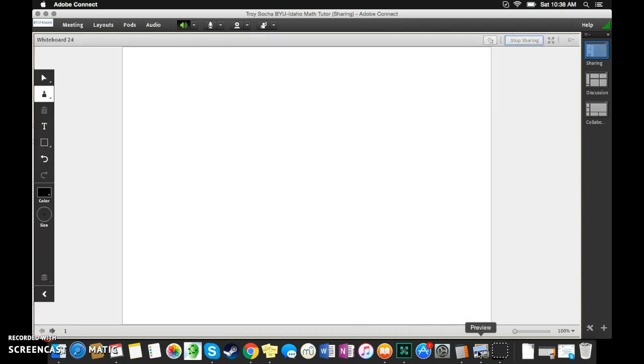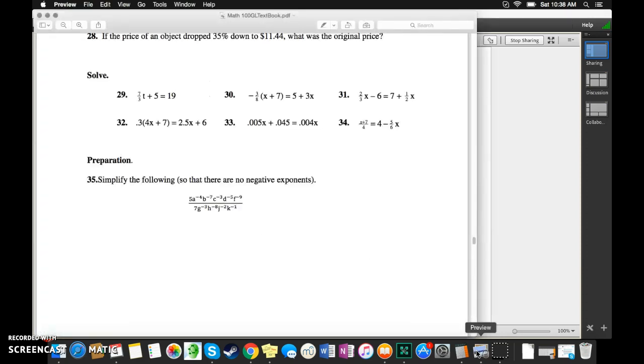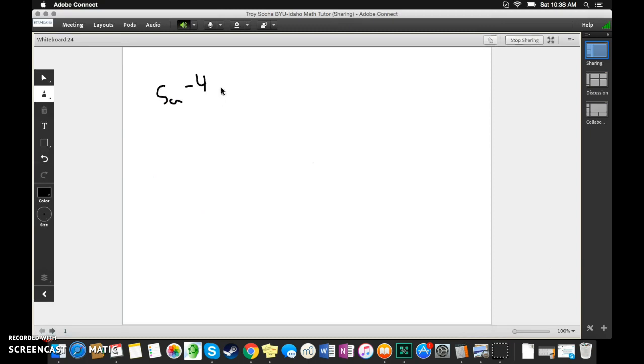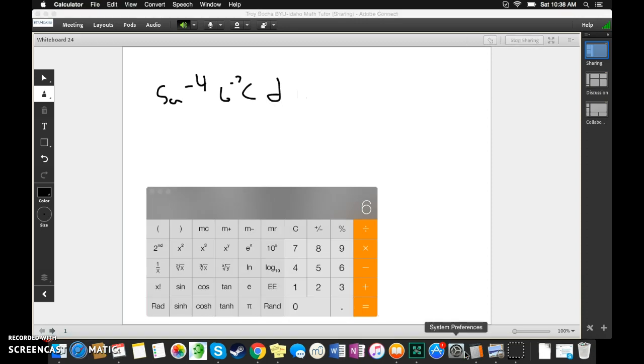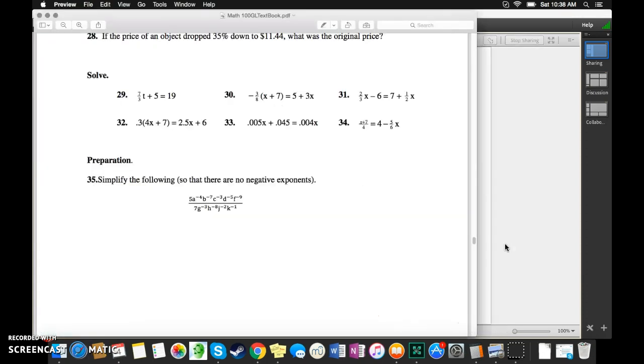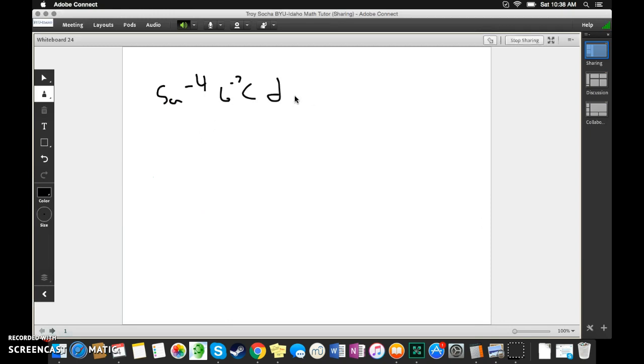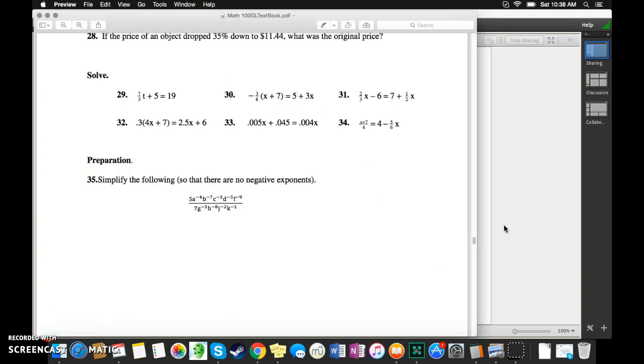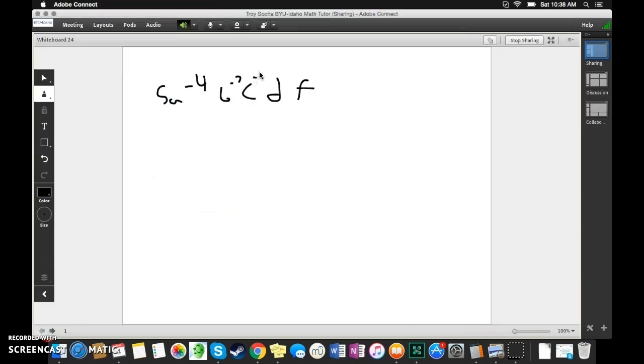Alright, so the problem says 5a to the negative 4, b to the negative 7, c, and then d, and then I think it goes up to f on the top there. And it says negative 3, negative 5, negative 9.